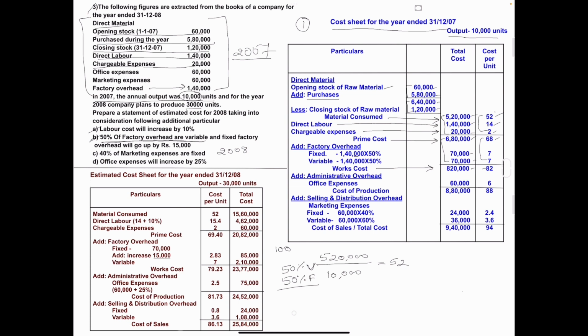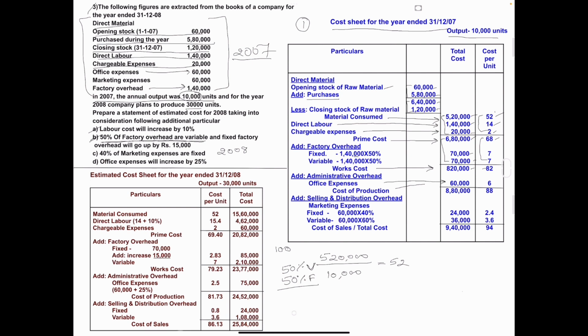Next, add administrative overhead, that is office expenses. Office overhead is also called administrative overhead. Office overhead amount is 60,000. So write in total column 60,000.